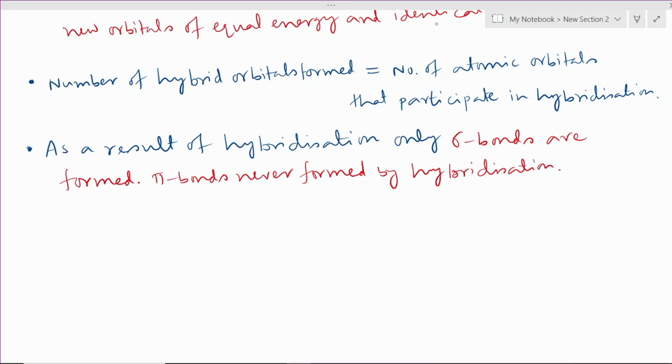That means upon hybridization, head-on overlap between atomic orbitals takes place. That is why sigma bonds are formed. As we know, pi bonds are formed by lateral overlap of atomic orbitals, and as hybridization takes place via head-on overlap, there will be only sigma bonds forming upon hybridization.